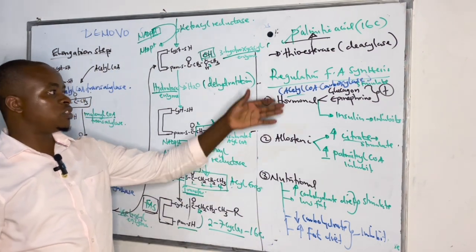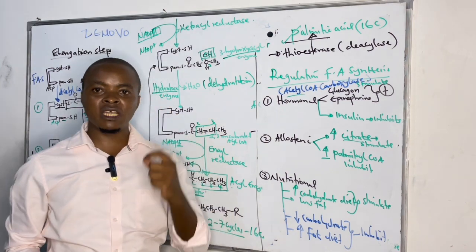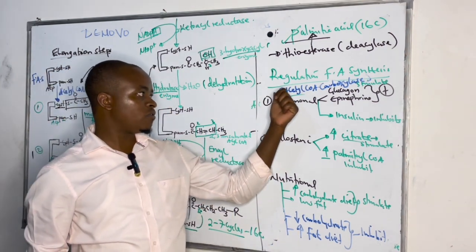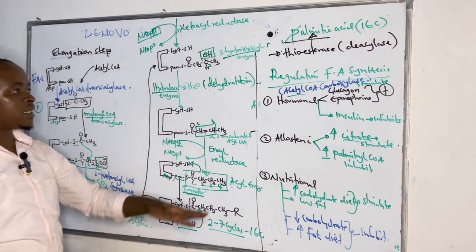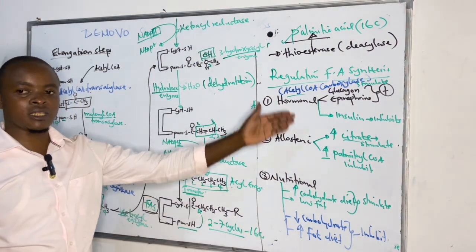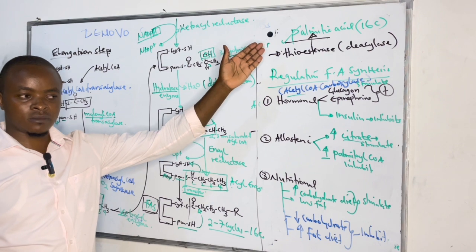Because the regulation targets the rate limiting step, which is the conversion of acetyl-CoA to malonyl-CoA by acetyl-CoA carboxylase. And these are the 3 ways we can regulate this process.